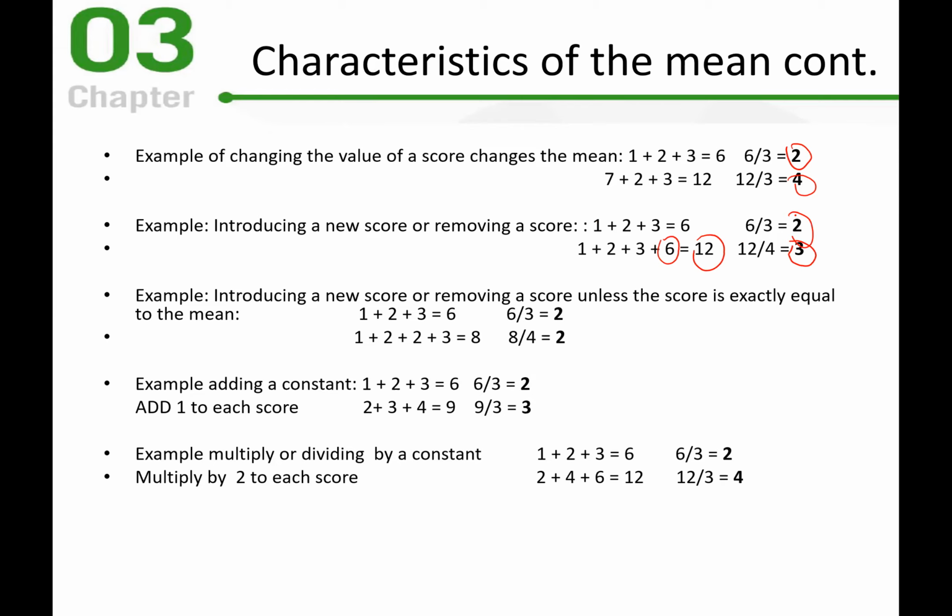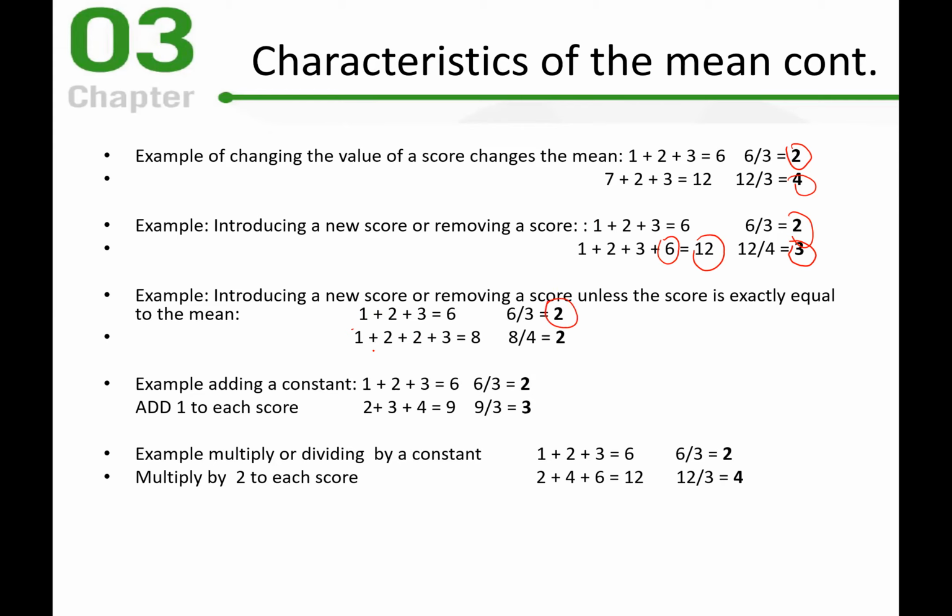However, I told you there was a caveat, all right? If we introduce a new score, or remove a score that was exactly equal to the mean, well, the mean is going to stay the same. So let's look at an example. I'm still going to keep with the 1, 2, and 3 as my population of scores. So we still have that mean of 2.